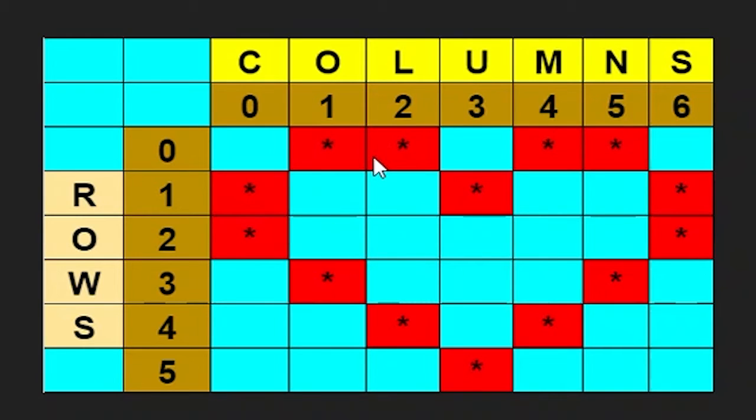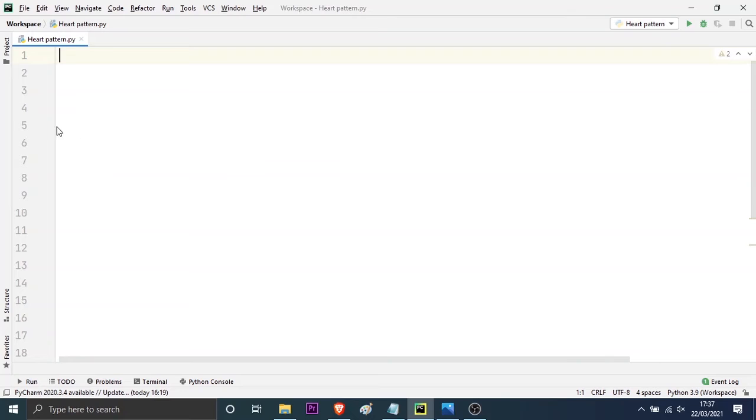So let us move on to PyCharm so that we can write the program code and print the pattern. Here you can see that I have already created a Python file named heart pattern, and I will start writing it for you. I will use the for loop, and I will write for row in range 6.